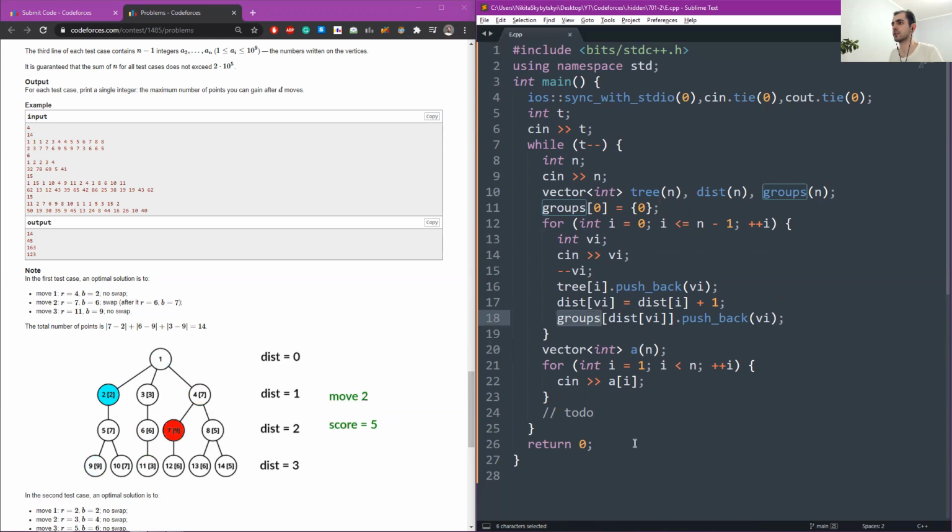Here we have ourselves groups of different depths. Now we want to process the groups in reverse order.